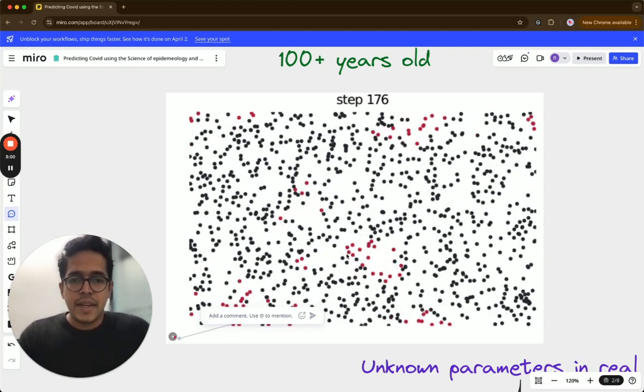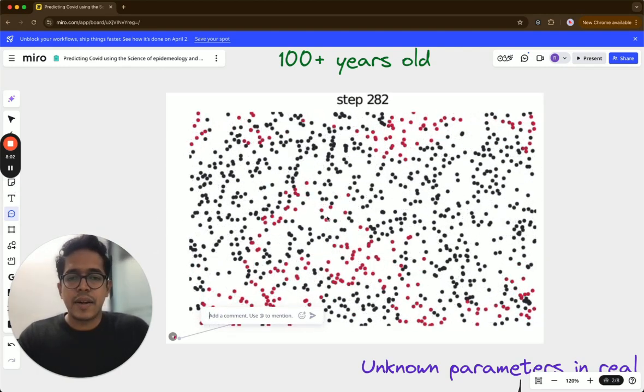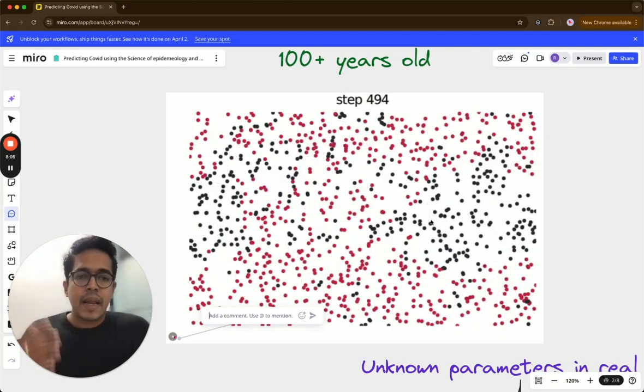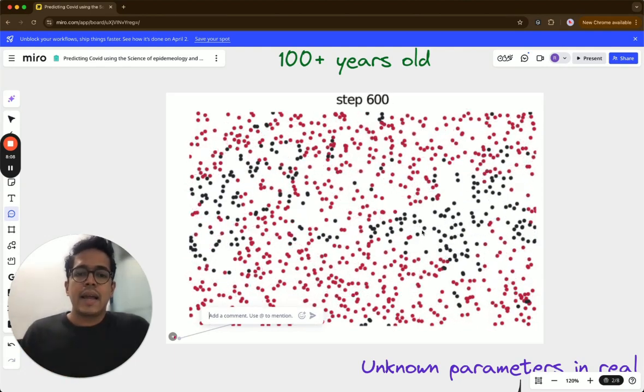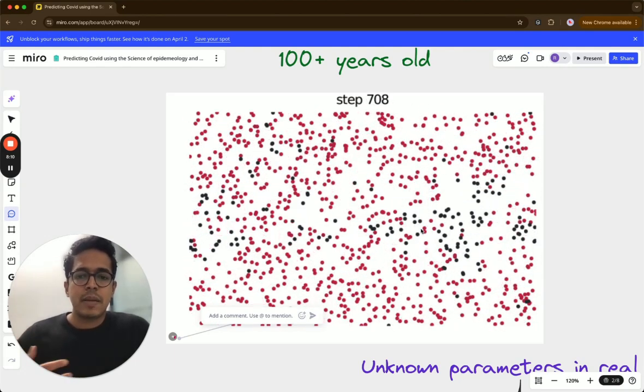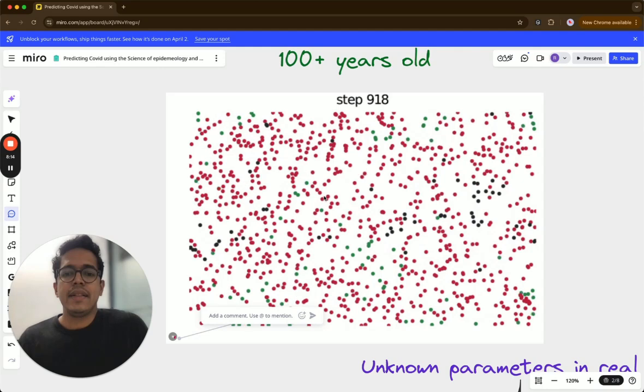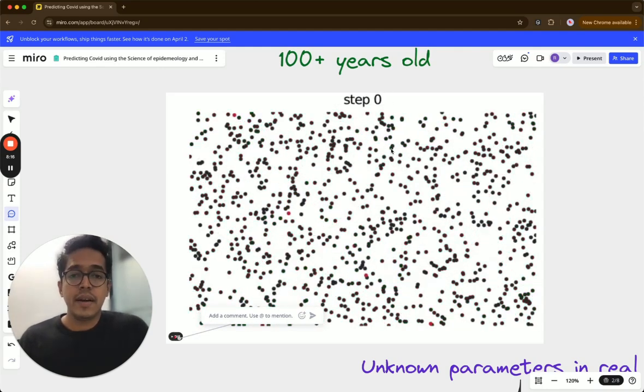Initially there was only one infected person, and these red people are all infected people, black are all susceptible people, and slowly you can see that all the susceptible people are getting infected, and then green are recovered people. Slowly the red people who were infected will move into the recovered category. So it starts from a few infected people in the population, moving to most of them becoming infected, and then finally all of them recovering.